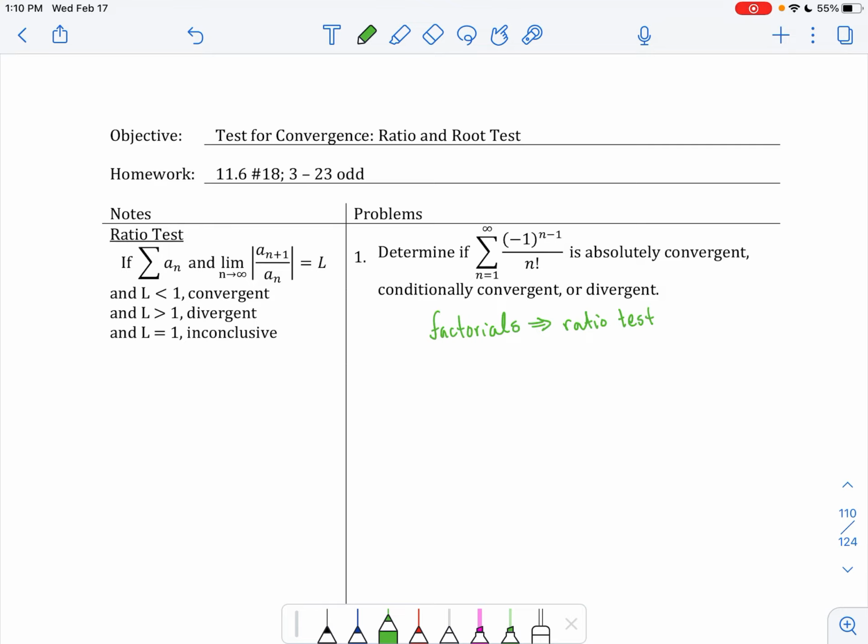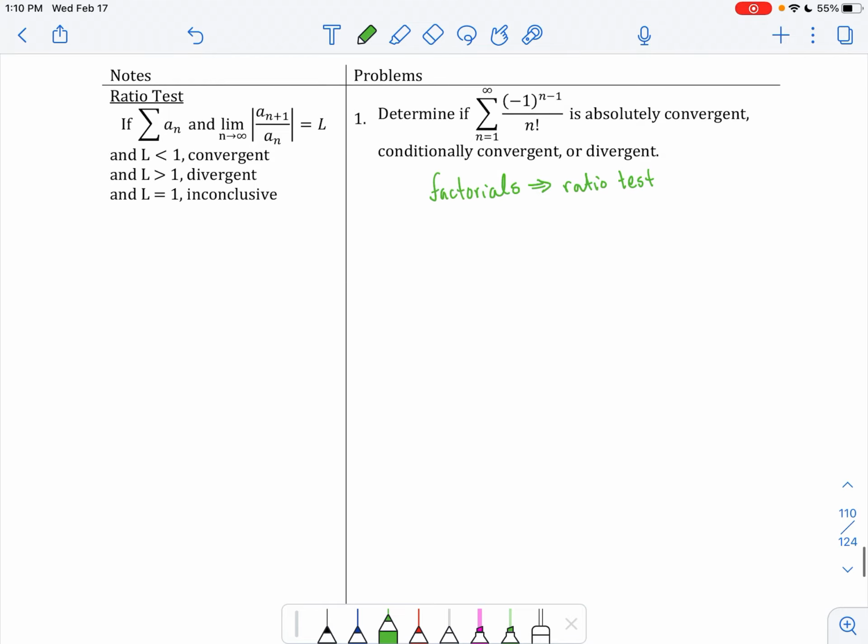So what I'm going to do is start by setting up my limit. So my limit as n approaches infinity of the absolute value of a sub n plus 1 over a sub n.